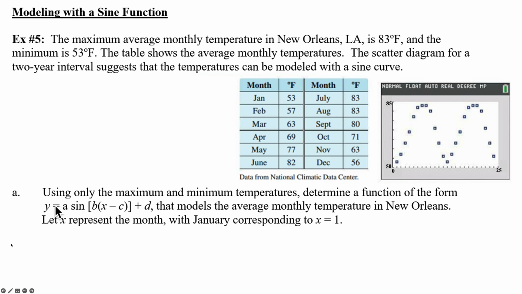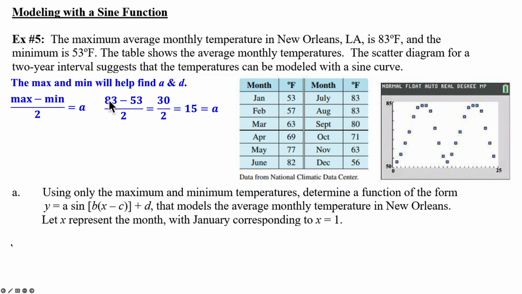The first thing we're going to do is find A and D, and we can find that using the max and the mins. The A, your amplitude, by definition, is to take the max minus the min and divide it by 2. It's that positive distance. So if we have 83 minus 53, the distance between those two temperatures is 30. Cut that in half, we have 15.